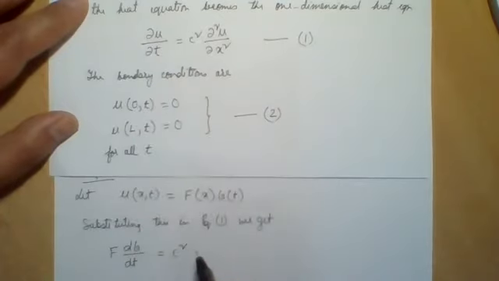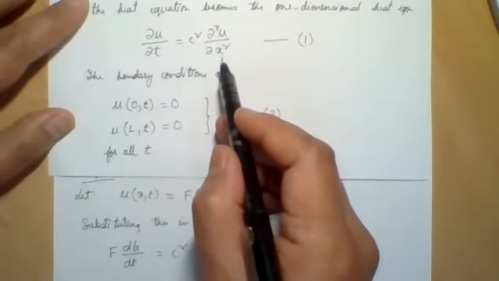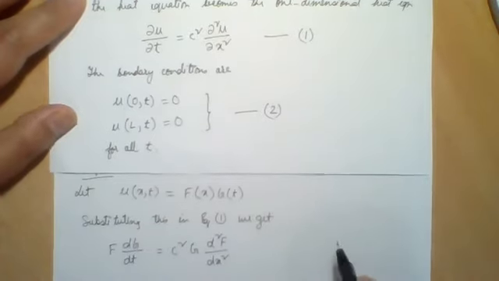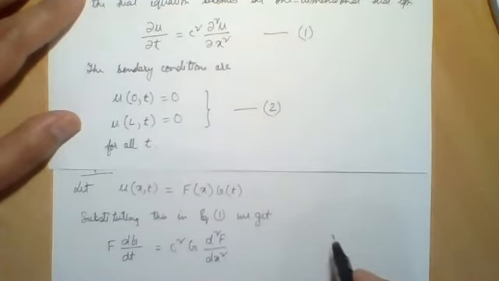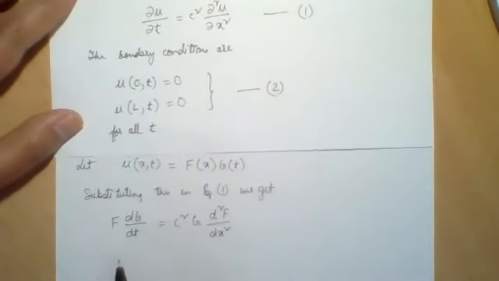This is equal to c square times the second order partial derivative with respect to x. That means we can treat g as a constant, and we get d2f by dx square. Now to separate the variables, what do we do? We divide both sides by c square f g.